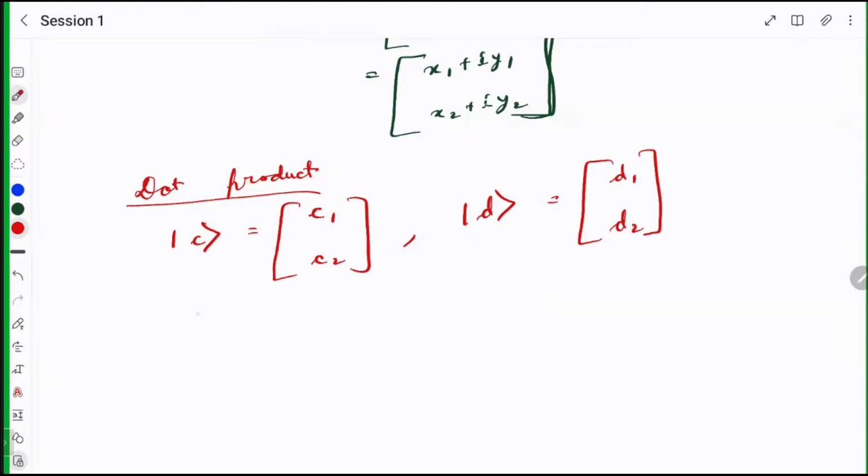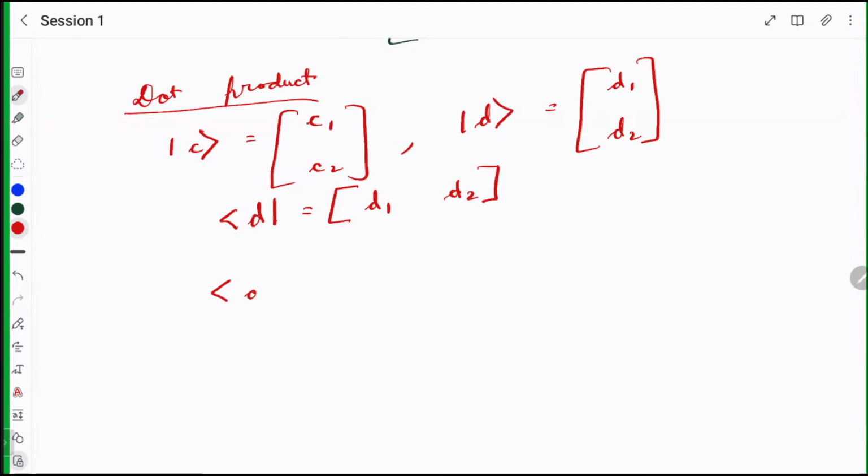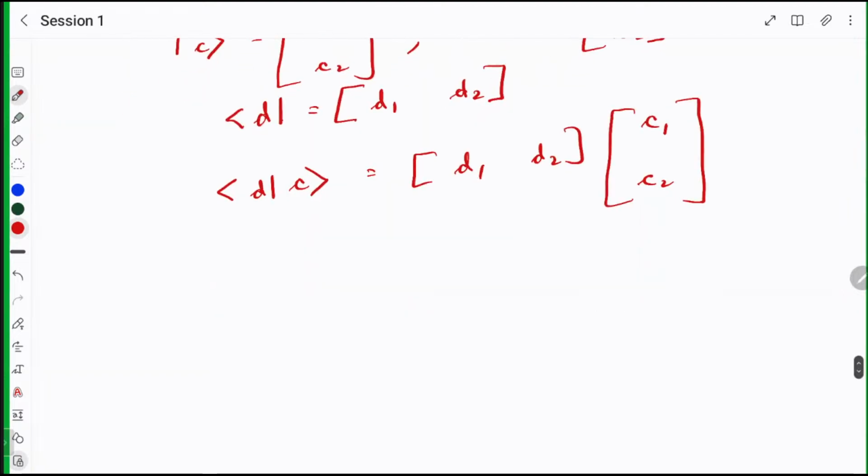Okay, so we want to take the dot product, so we have to take the bra of one. So bra of ket D would just be the transpose. This would become D1, D2, and if you calculate the dot product, it would be D1, D2 times C1, C2, and something like D1 C1 plus D2 C2.